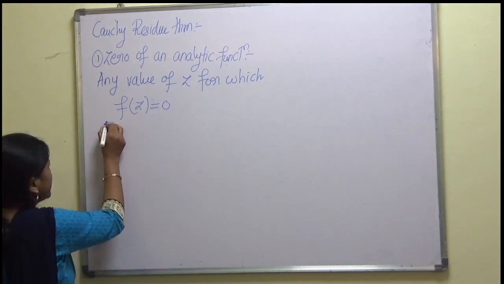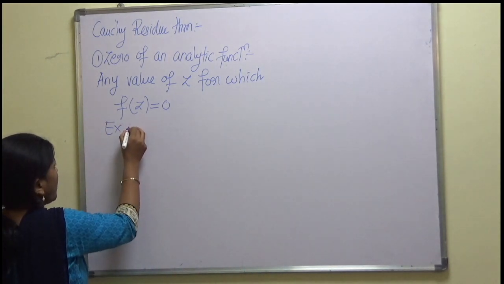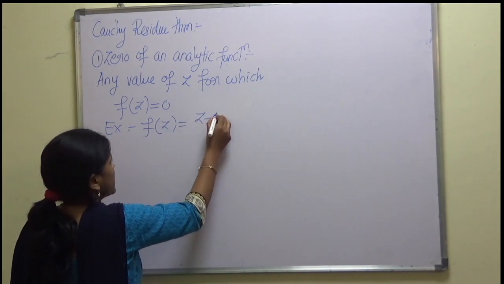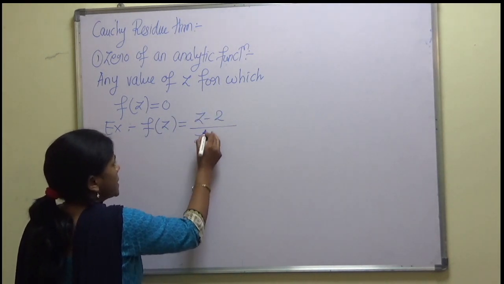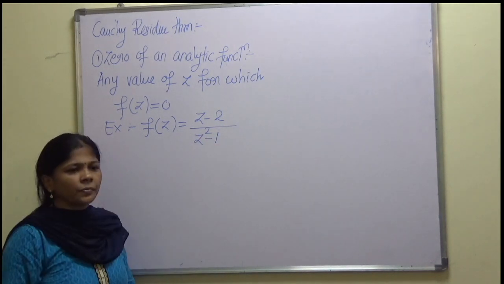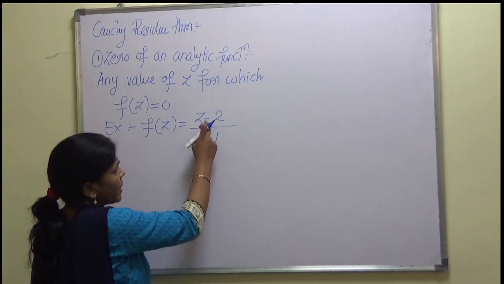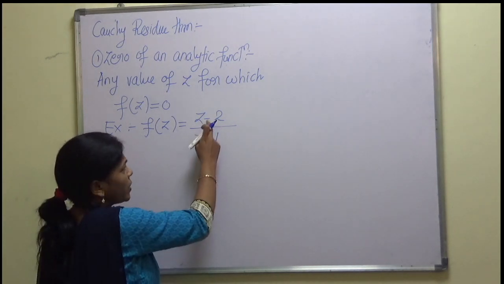For example, if I have f of z as z minus 2 upon z square minus 1. This function will be 0 when z minus 2 is 0, that is z equal to 2.